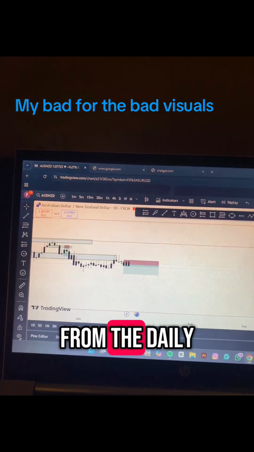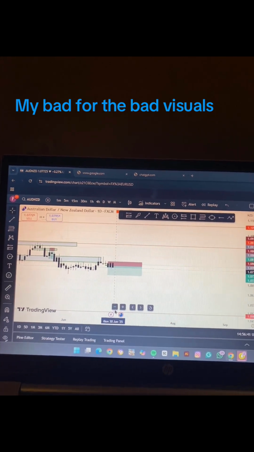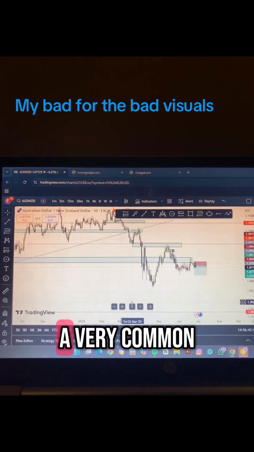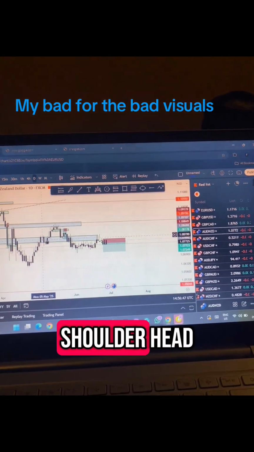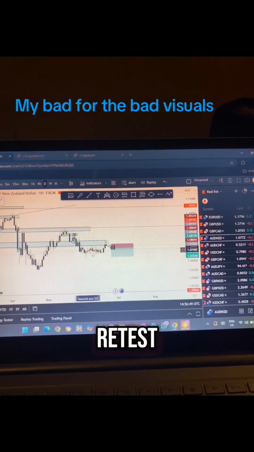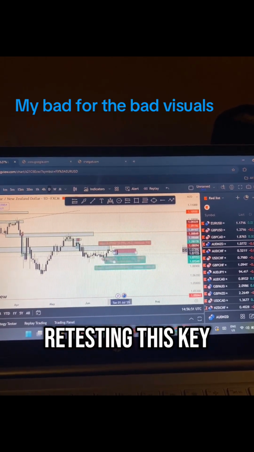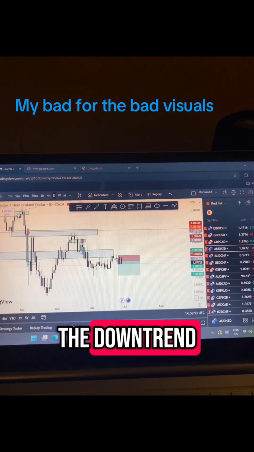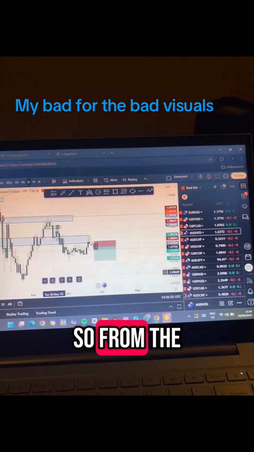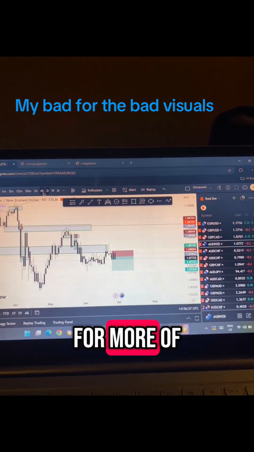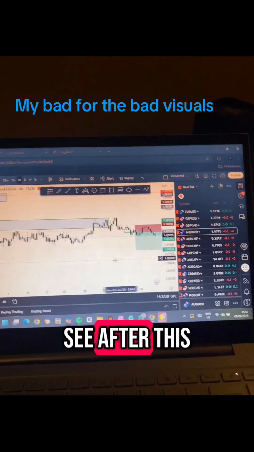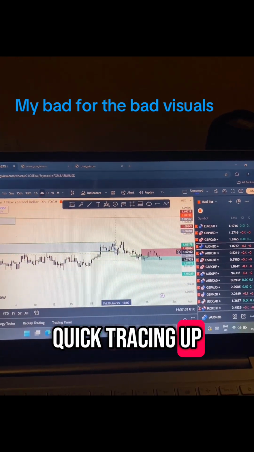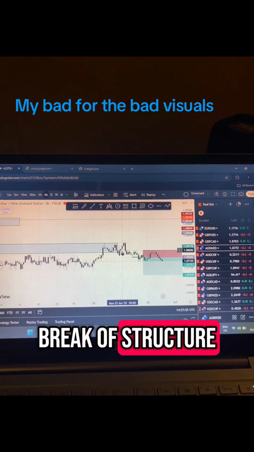Then from the daily, we notice a very common pattern. You can see the left shoulder, head, right shoulder, break, retest. Now price is retesting this key area to continue the downtrend. From the 4 hour, for more confirmation of entry, we see after this quick retracement up, the break of structure.